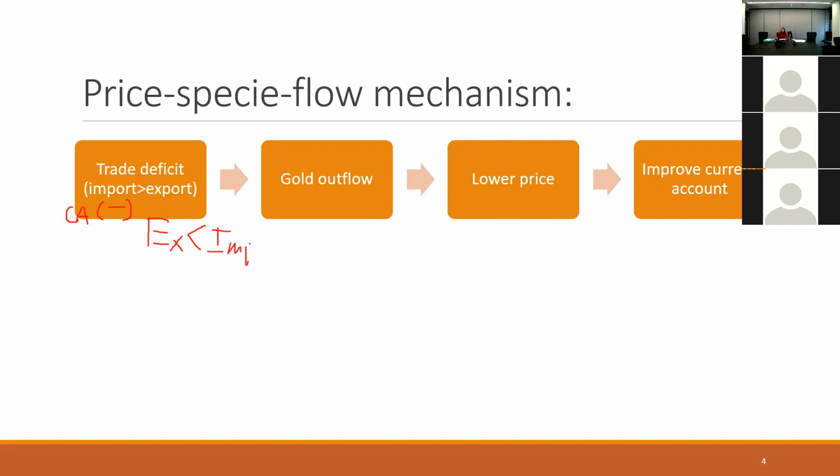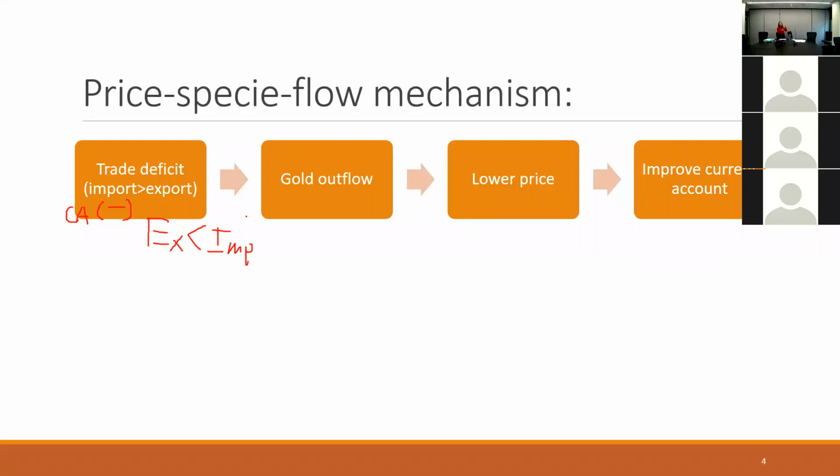So we are buying more goods and services from overseas relative to what we sell to overseas. So in other words, we are the net consumer of the world. So we are the net buyer of goods and services. So as we buy goods and services, there will be a net inflow of goods and services into our country. So we acquire goods and services from overseas.